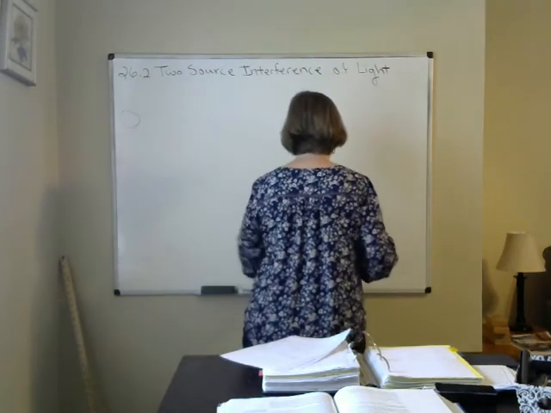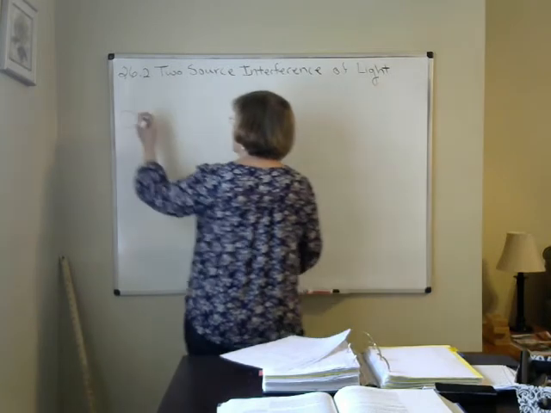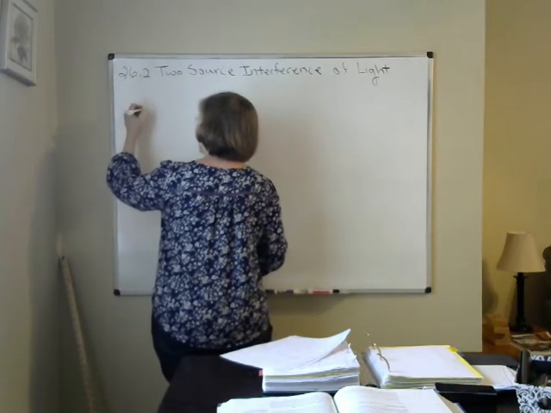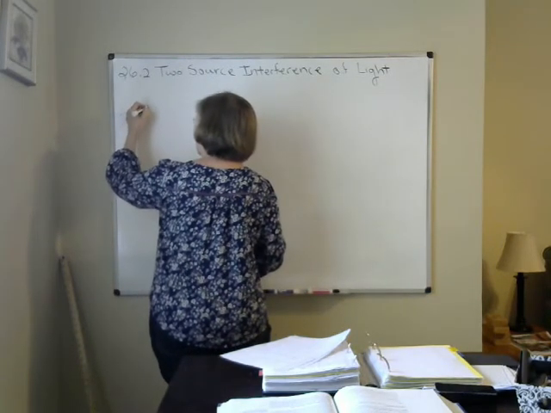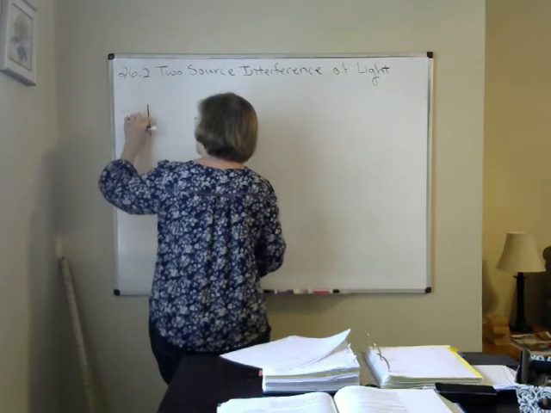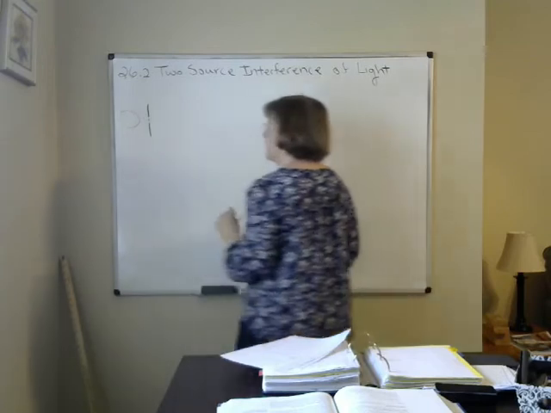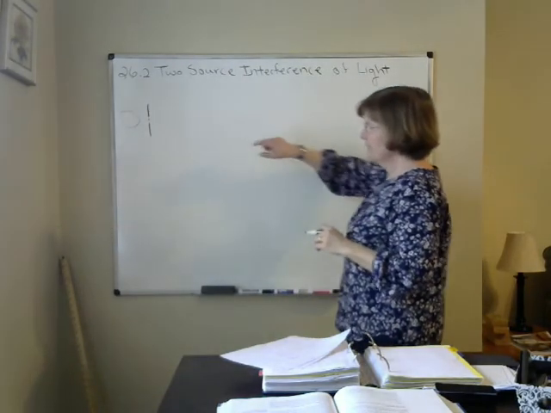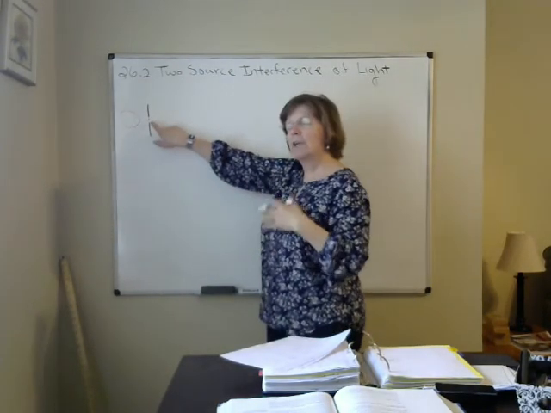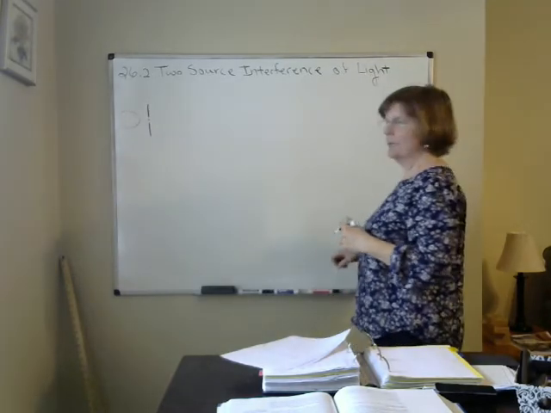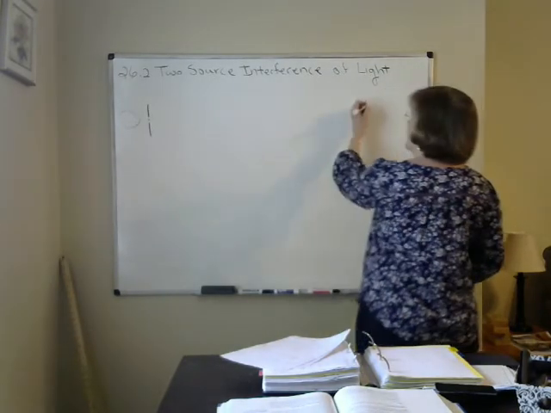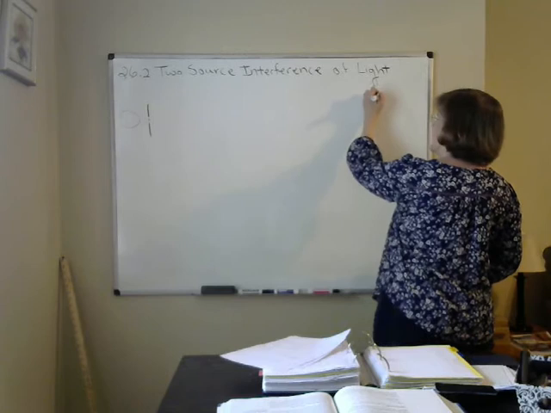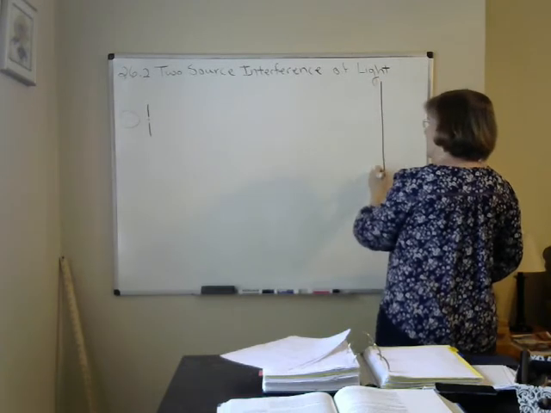But we've got a screen, or a couple of screens, however, but at some point there's 2 slits very close together. Those slits are very, very small. That's greatly exaggerated. And down here, at a distance much larger away, we have this screen.